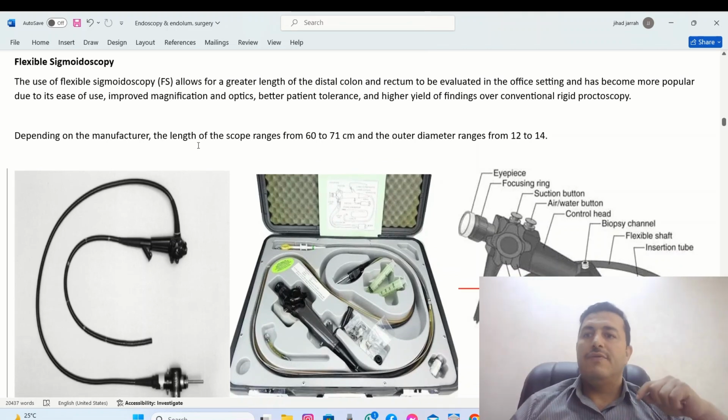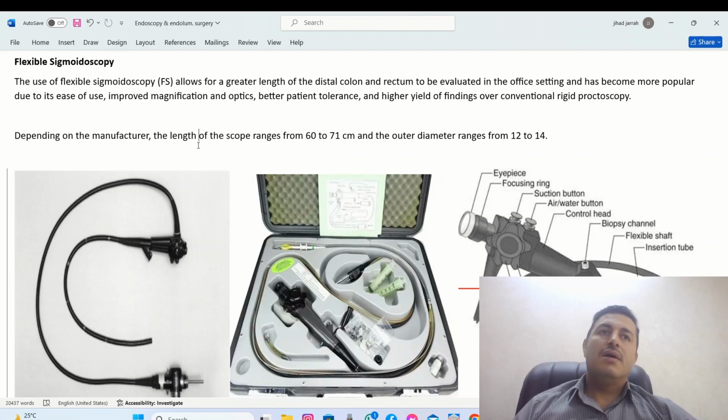Okay, flexible sigmoidoscopy, when we compare it to rigid proctoscopy, is better tolerated and can be performed as an office procedure, in outpatient settings.